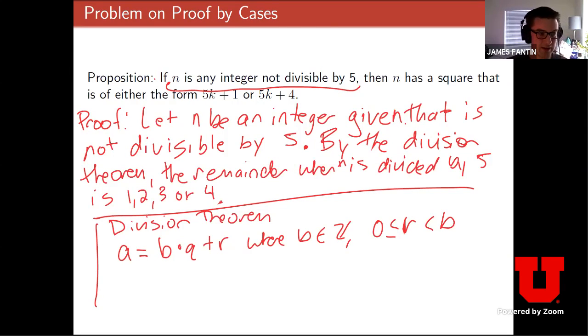This is like the idea of a modulo, where you just take the remainder: 6 mod 5 is 1. Remember that modulo is just the remainder from division. That's why it wouldn't be possible. The division theorem tells us it's not possible to have a remainder greater than or equal to 5, what we're dividing by. That's why it's called the division theorem.